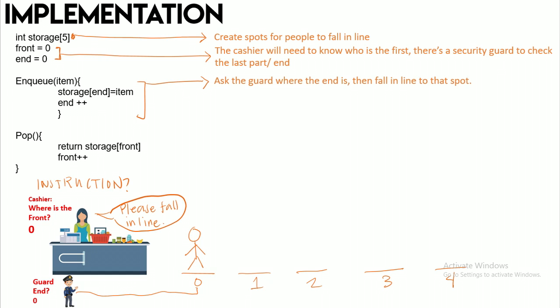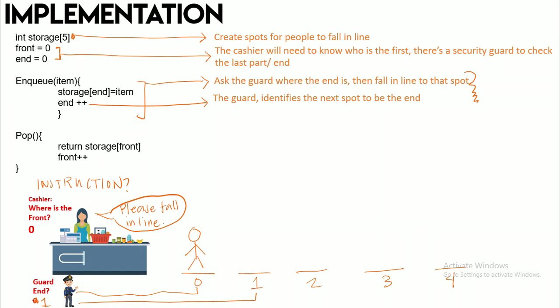So let's say one person arrives, he asks the guard, and the guard says the spot he should be on is spot 0. Since one person has already fallen in line, the guard will re-identify the end spot from 0 to 1. The guard will re-identify the end spot to be spot number 1.